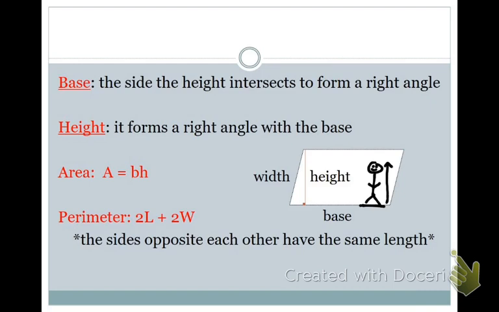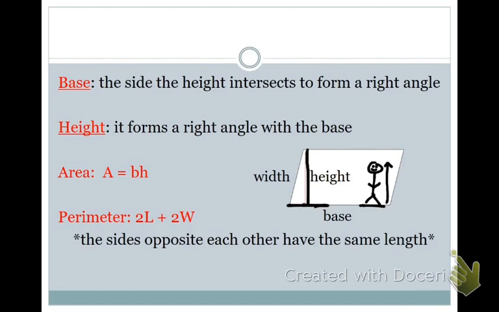So let's talk about some more formal definitions of these words. First off, the base. This is the side that the height intersects to form a right angle. So you can think about down here, this is the base that the height, here's the line you can see, intersects, okay? That means it goes into it, it passes, it intersects, and it forms a right angle, all right?